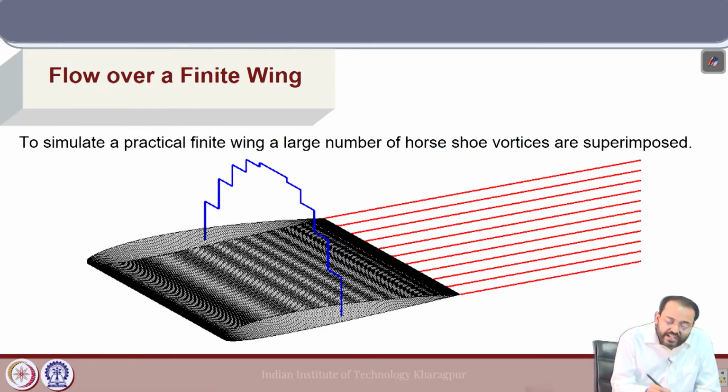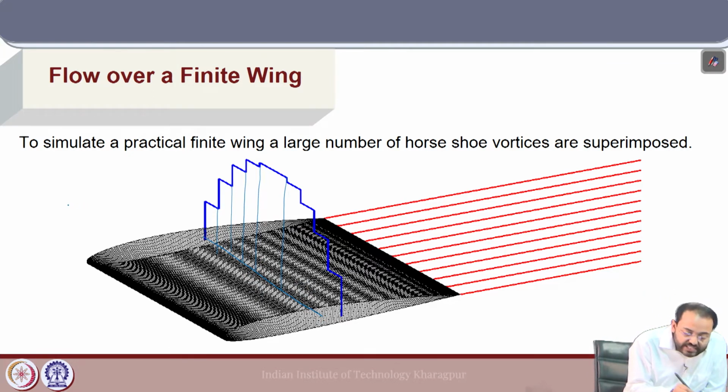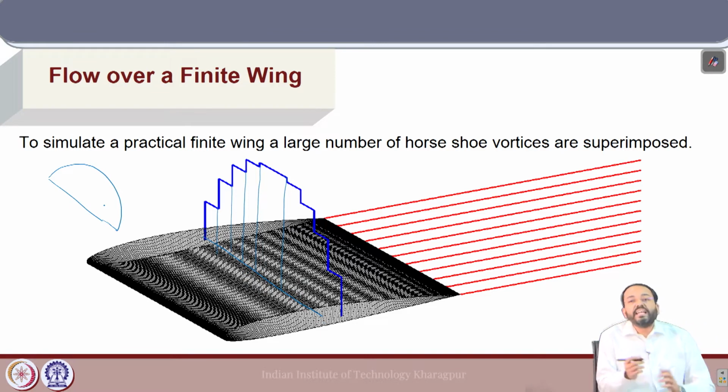If we divide this span into a number of elements, then the circulation gradually increases towards the center of the span. So, the actual circulation distribution will be somewhat of an elliptical distribution, again depending on the foil geometry as well as the flow characteristics.